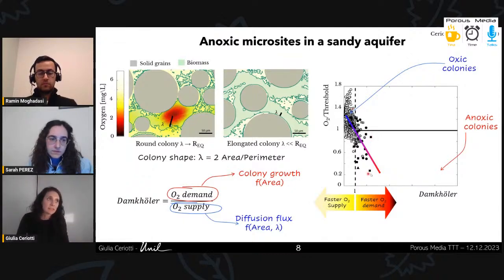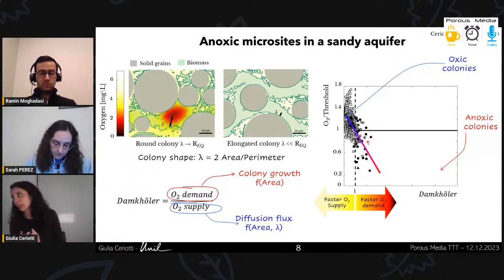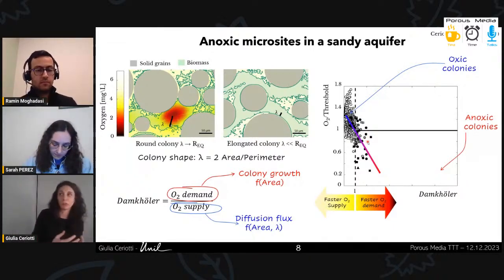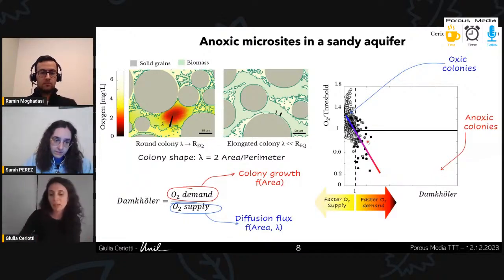But in some cases, the oxygen demand is so intense that we can see the formation of an anoxic microsite. So this means that the morphology of the colony is a driving factor for anoxic microsite formation and should be accounted for when we try to predict anoxic microsite formation in real systems.